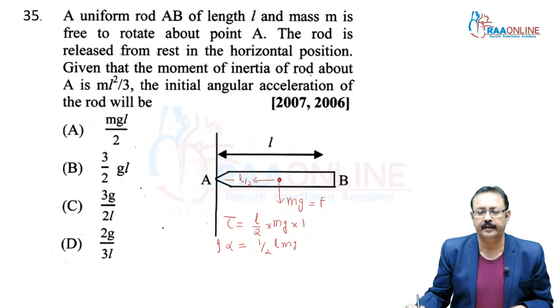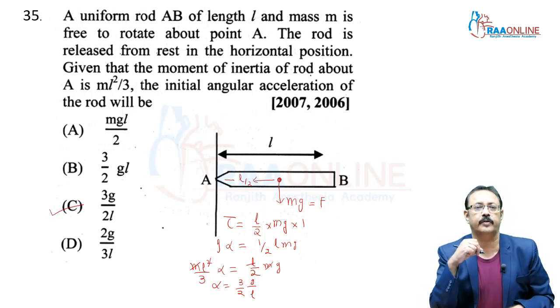What is I? They gave you ML square by 3. So ML square by 3 alpha should be equal to L by 2 mg. Cancel L with L, m with m. Alpha should be equal to 3 by 2 g by L, which means option C was correct.